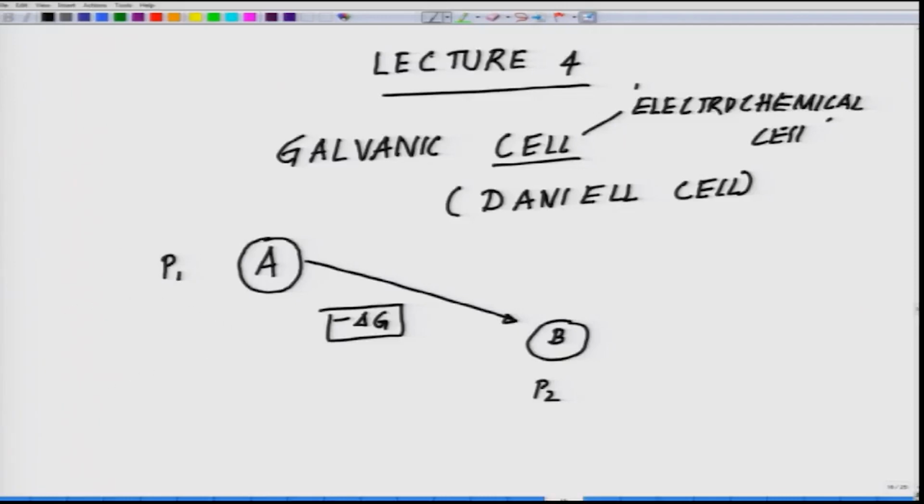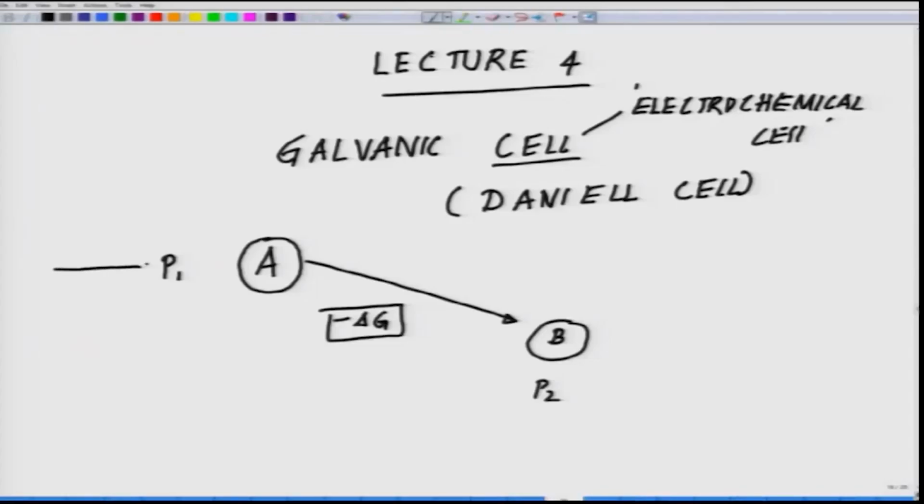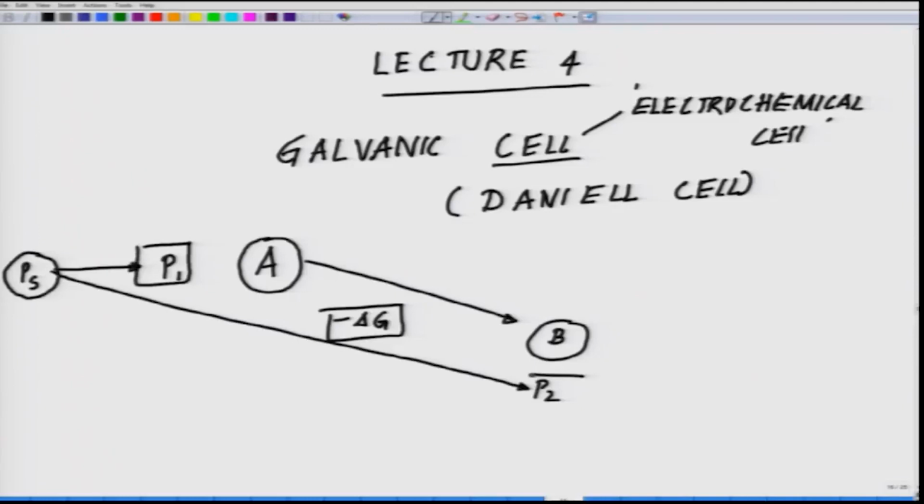There has to be something with respect to which we calculated these potentials. In other words, we needed a standard. So that is our P standard. With respect to P standard, we call it P1, and with respect to P standard, we call it P2. So this is that standard we are talking about.